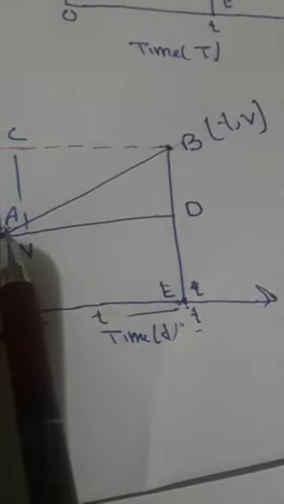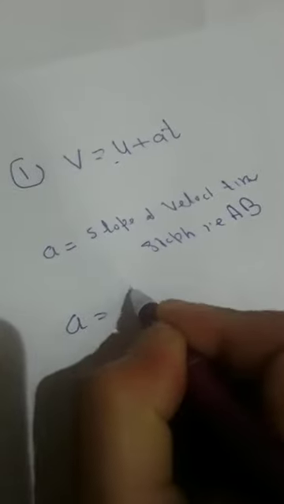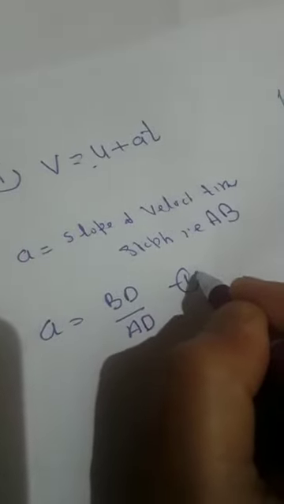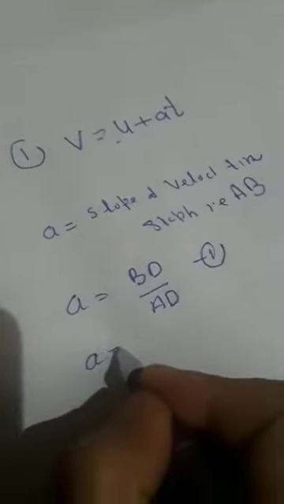Slope of AB is BD divided by AD. How do we find the slope? This divided by this. So acceleration is equal to BD divided by AD.